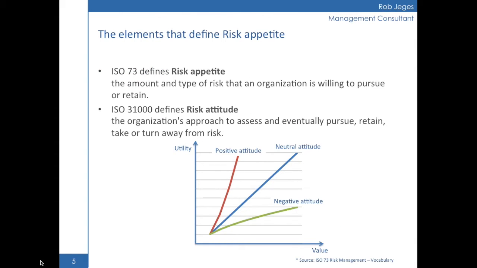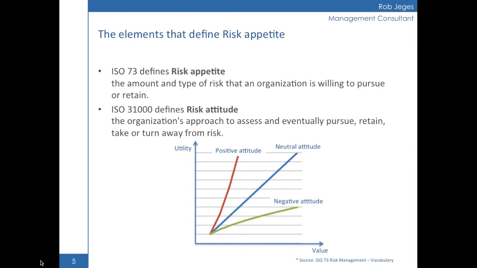So we have seen a number of elements that define risk appetite. We have capacity, we have tolerance, we have a target, we have limits. But another important element that we need to bring into the equation is the idea of risk attitude.